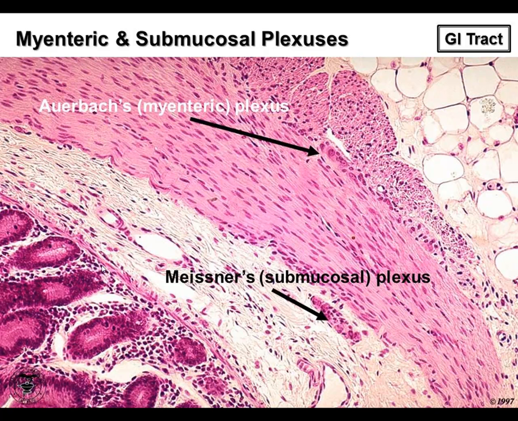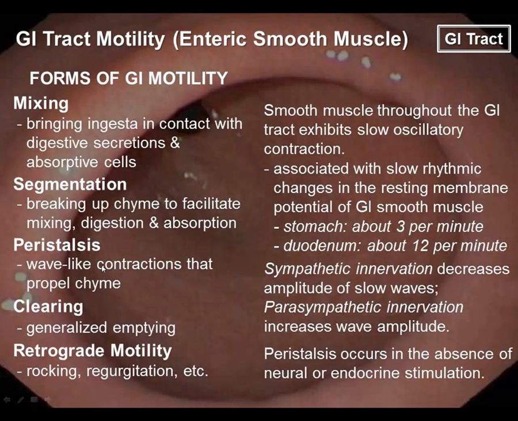Sounds good? So moving along, what kind of motility do we have? Well, we have mixing the food together, we have segmentation, and in segmentation you break up the contents, sort of like you have a tube balloon and you make segments in it, and that allows for the breaking of the food, mixing, digestion, absorption.